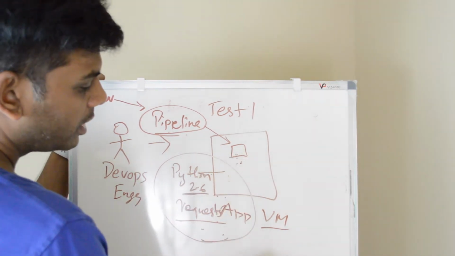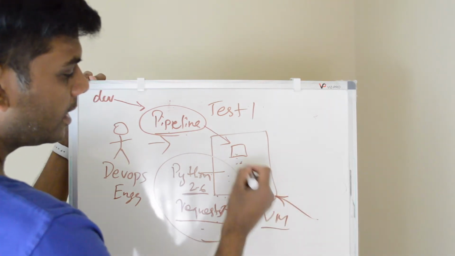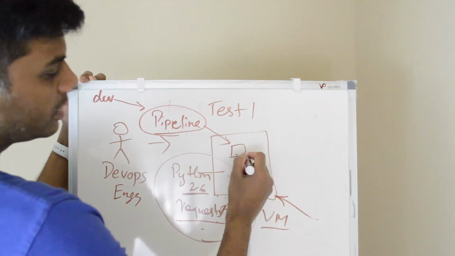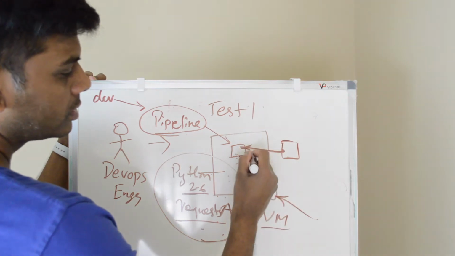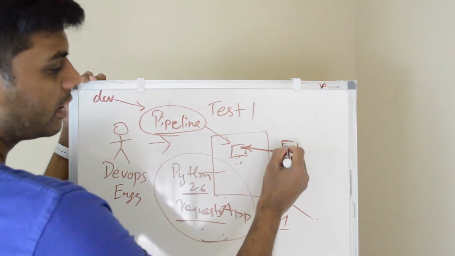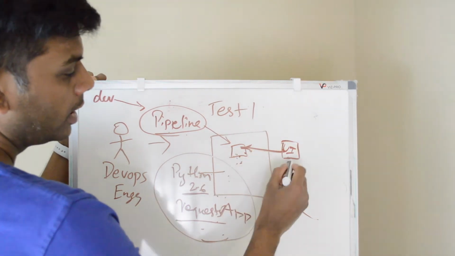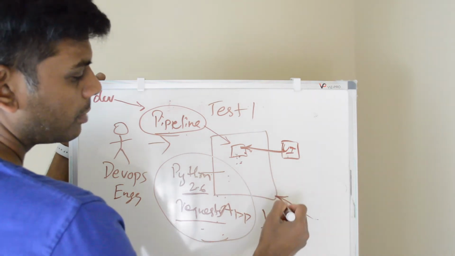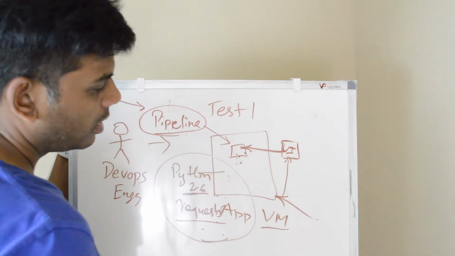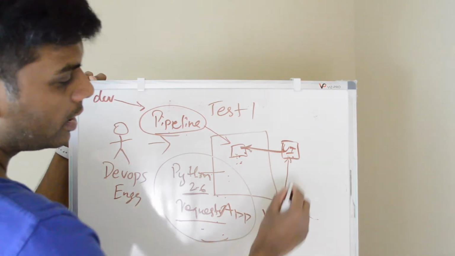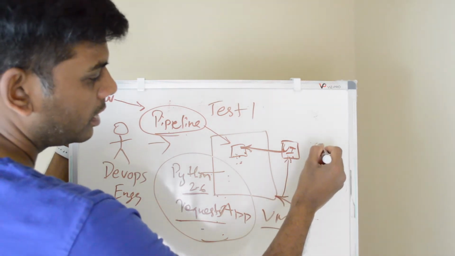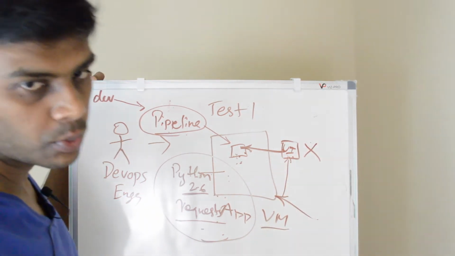Now when somebody comes and tests this feature, let's say there's a website, a front end which calls this code, and someone is looking at how this feature is working, and then it fails. Basically the feature is not working.